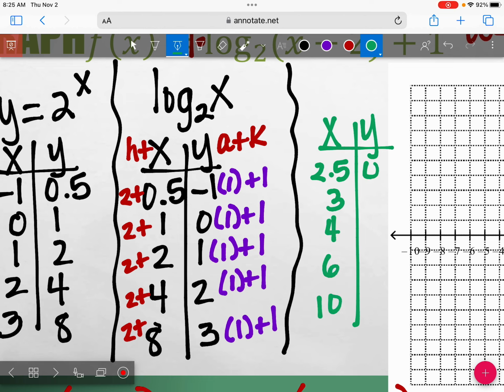When you're finding the domain, it's h to infinity? Yes. What if it's exponential? Or the range is h? It's k to infinity.